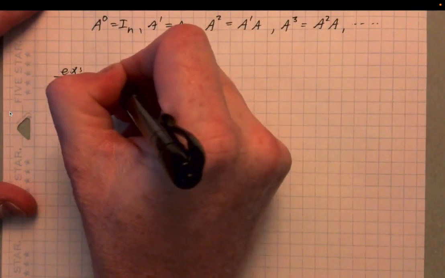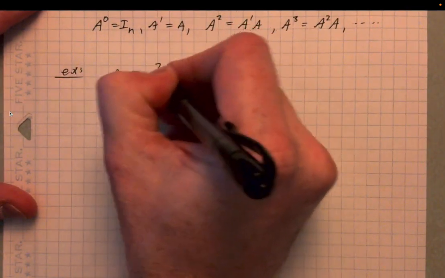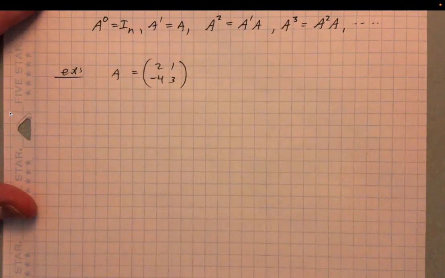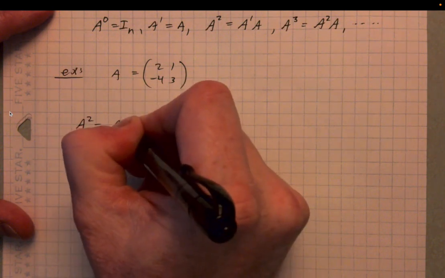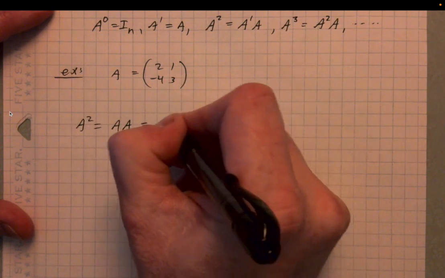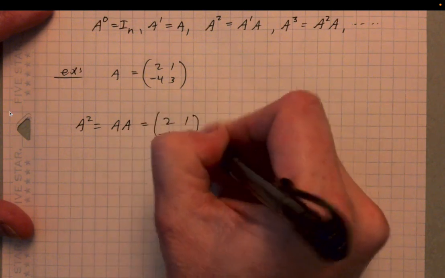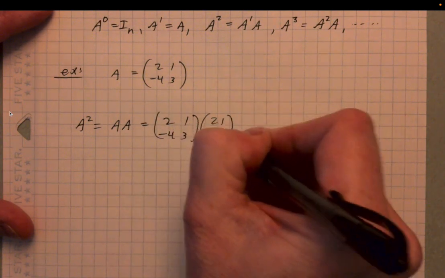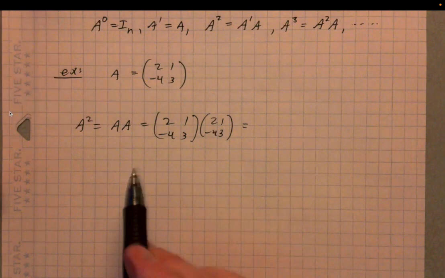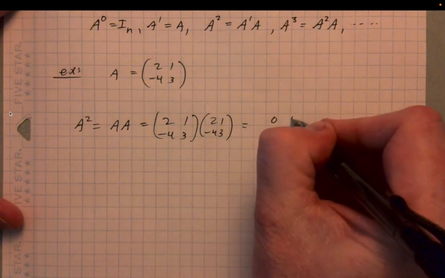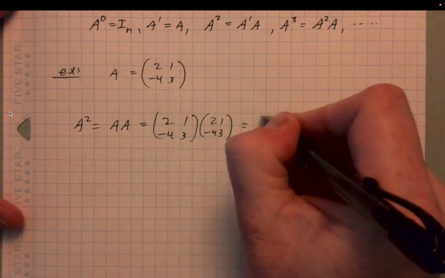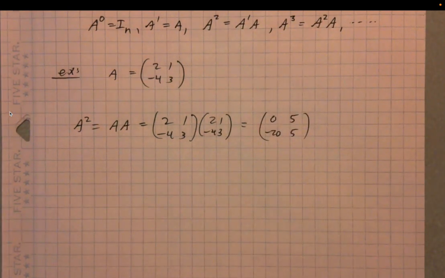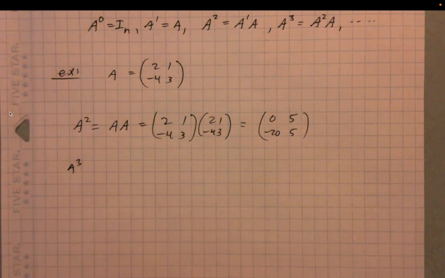Right, so if A is equal to [2, 1; negative 4, 3], then A squared is equal to A times A, which is [2, 1; negative 4, 3] times [2, 1; negative 4, 3]. I've done this ahead of time, and this is [0, 5; negative 20, 5]. You can do that multiplication to confirm that. So that's A squared. Then what's A cubed?